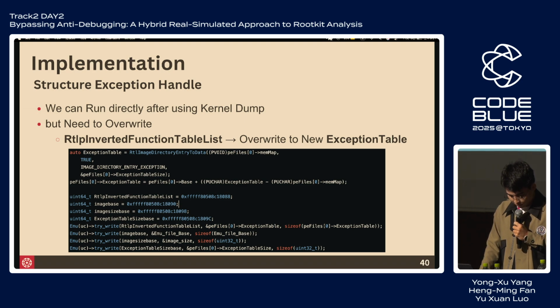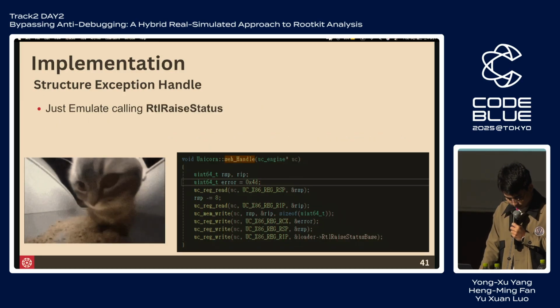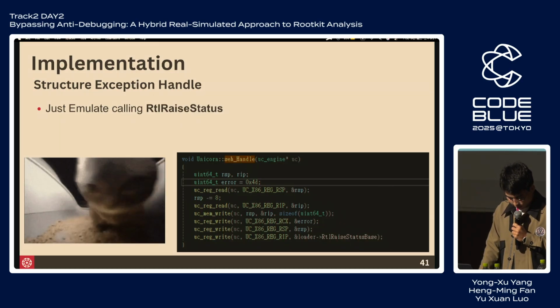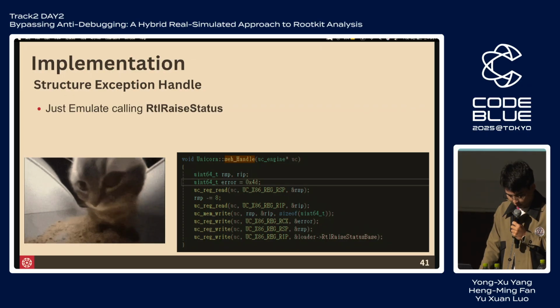This is crucial because if we don't modify this, the system will not find the correct address to forward to when an exception is triggered. After that, we can simply emulate a call to RtlDispatchException to handle the SEH.